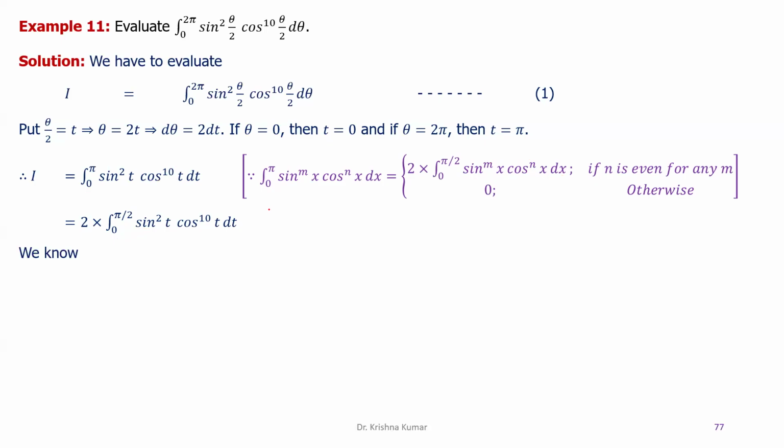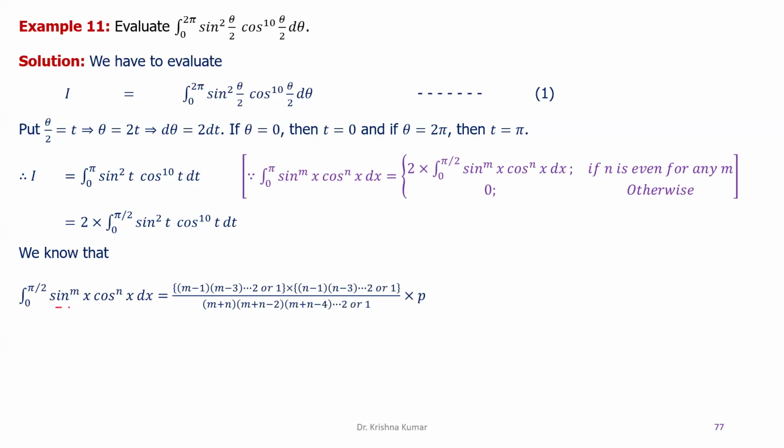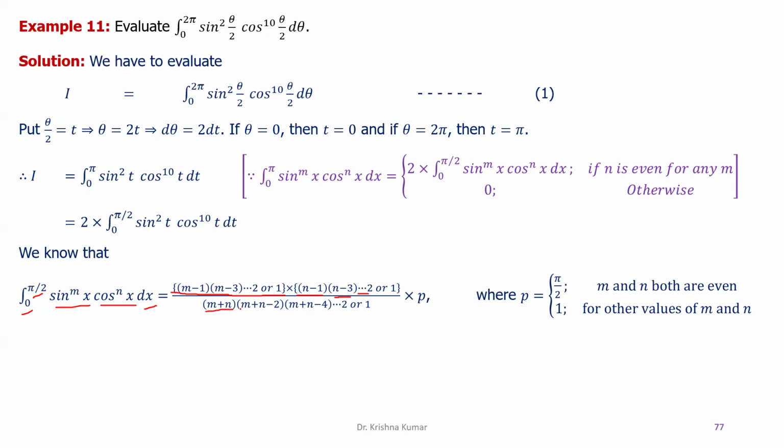Now, we know that the integration of sine to the power mx cos to the power nx under the limit 0 to pi by 2 with respect to x is equal to (m minus 1)(m minus 3)(m minus 5) up to 2 or 1, multiplied by (n minus 1)(n minus 3)(n minus 5) up to 2 or 1, whole divided by (m plus n)(m plus n minus 2)(m plus n minus 4) up to 2 or 1, multiplied by p.